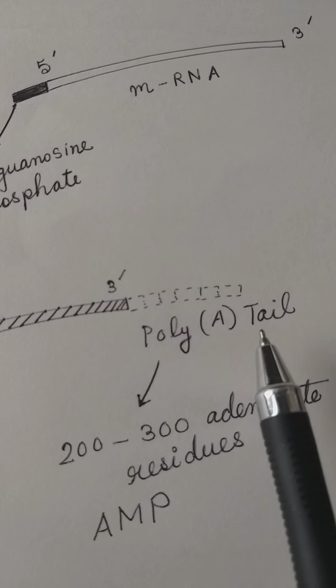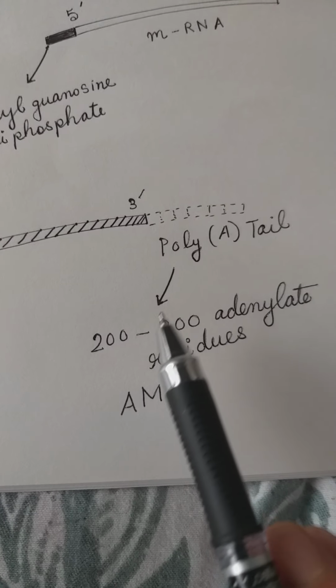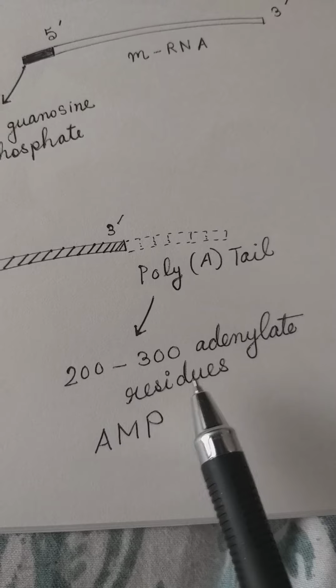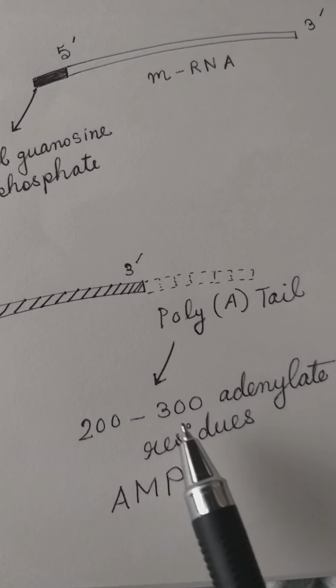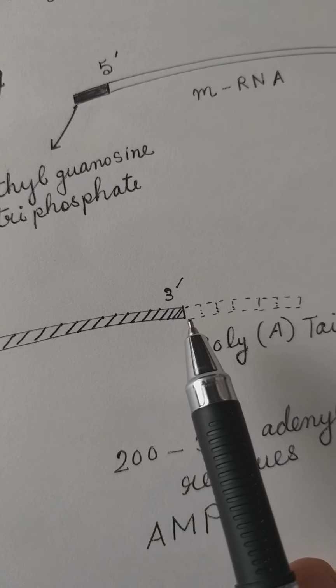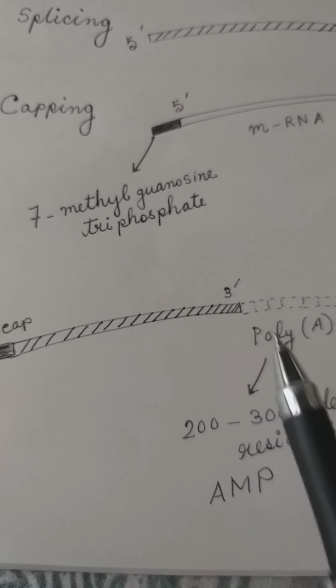The tail consists of 200 to 300 adenylate residues. That means 200 to 300 adenylate residues are added to the 3' end of the newly formed messenger RNA.